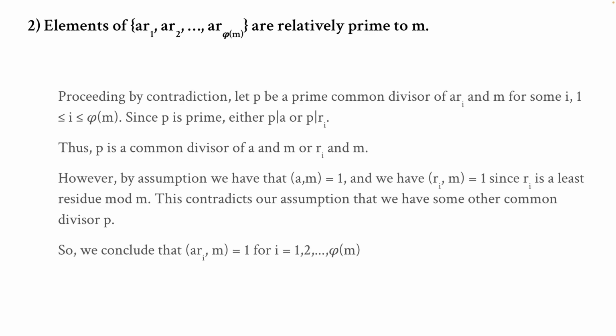However, by the assumption in our lemma, we know a and m are coprime. And we also know that r_i and m are coprime, since again, by assumption in our lemma, r_i is a least residue mod m. This contradicts our assumption at the start that we have some common divisor p, so we have to conclude that ar_i and m are coprime for all indices i. And this concludes the proof of the lemma.